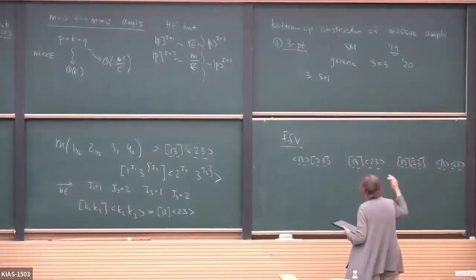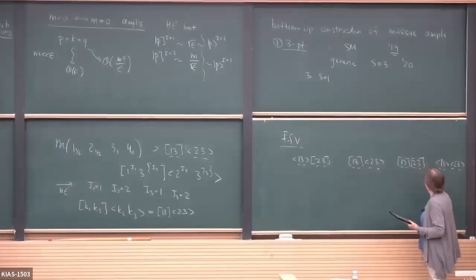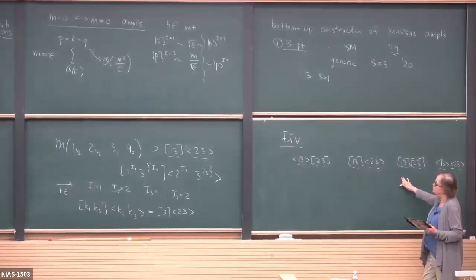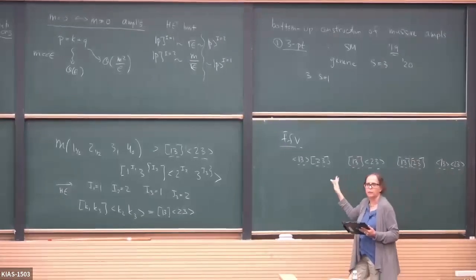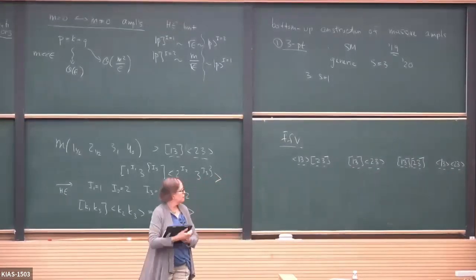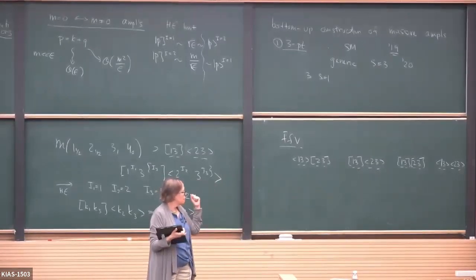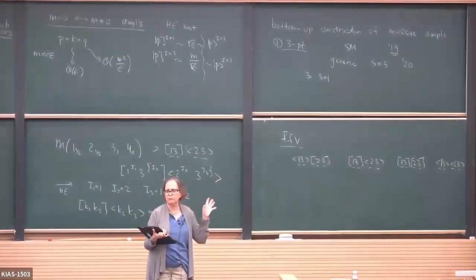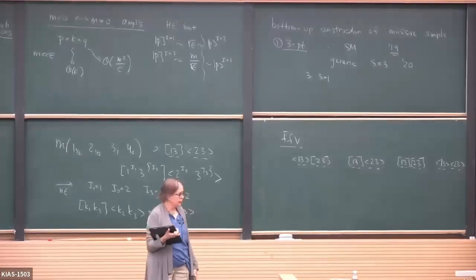Okay, so these are 4 independent structures that I can write from these 2 momenta that have the correct little group structure. And if you want to check that that's the case, it's a nice exercise. You can convince yourself that there's nothing else that I can write here.